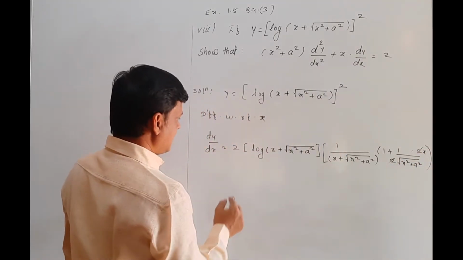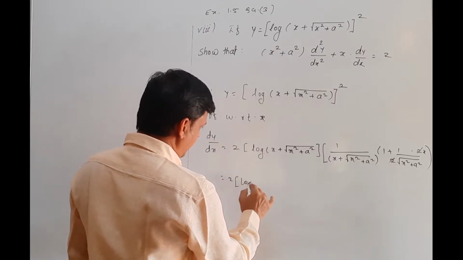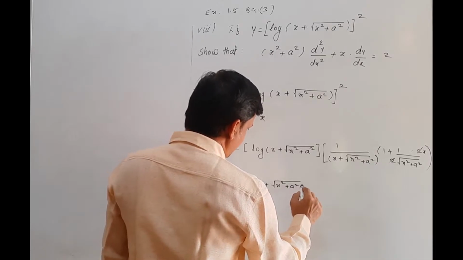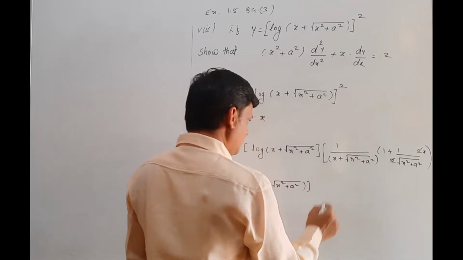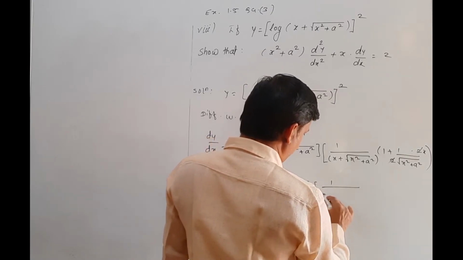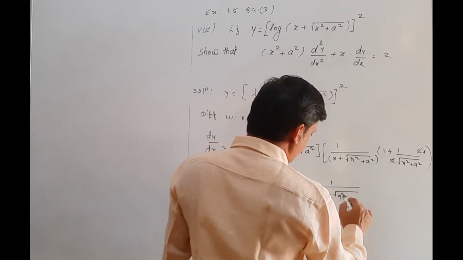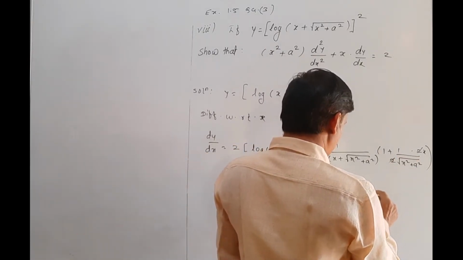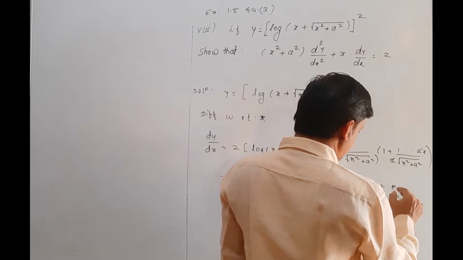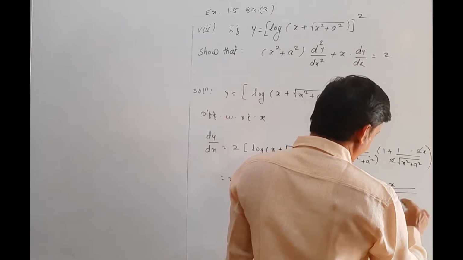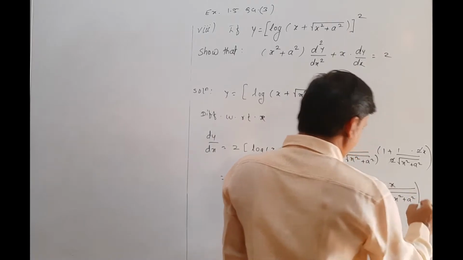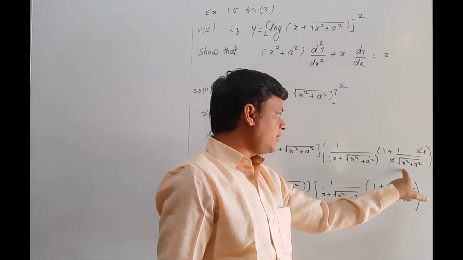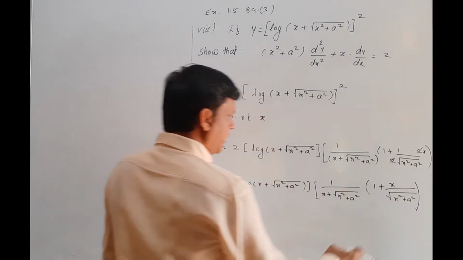We write that as 2 log(x + √(x² + a²)) into 1 upon x + √(x² + a²). Then here we write this as 1 + x upon √(x² + a²), because these 2 get cancelled, the remaining is x, so 1 into x, we write x upon √(x² + a²). Now we cross multiply this.